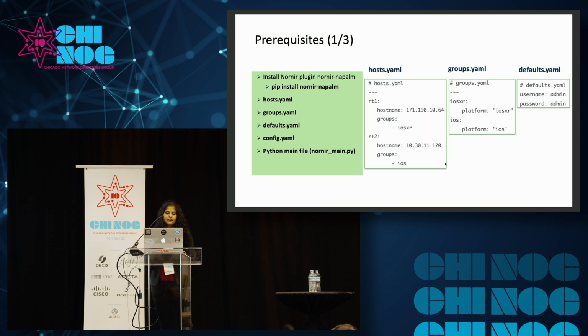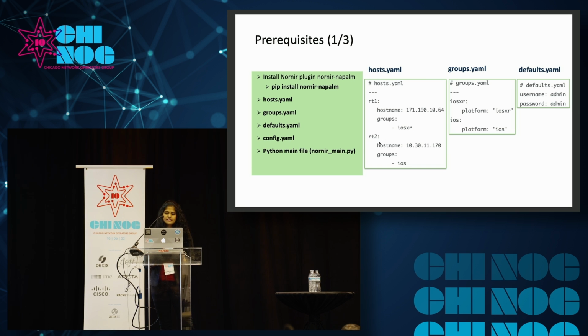You can execute it using a config file or without a config file, but I'm providing you the example with a config file. Let me explain how it works with a config file. We should fill in the host YAML file with the host name, the IP address, and the groups, which indicate which operating system it is.